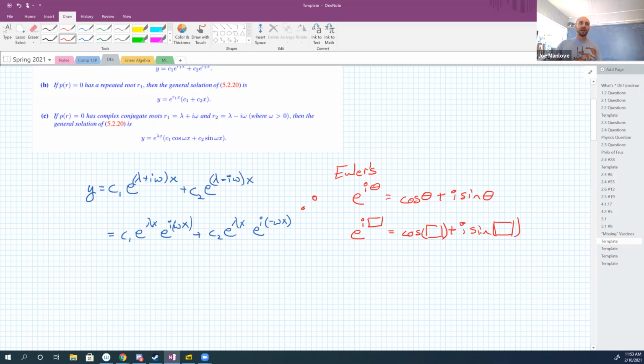So I'm going to feed that into Euler's, and I'm going to get that this is c1 e to the lambda x times cosine of omega x plus i sine of omega x.